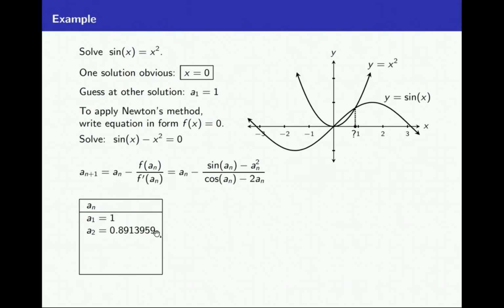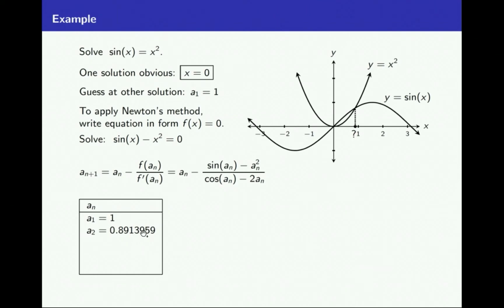And this is to 7 decimal places. Of course, these trail off after that, but let's just work with 7 decimal places, rounding off at the 8th decimal place. So that's a sub 2. And notice 0.89, that's a little less than 1. So you're a little closer to this unknown solution. You want to get even better, so you need to compute a sub 3.